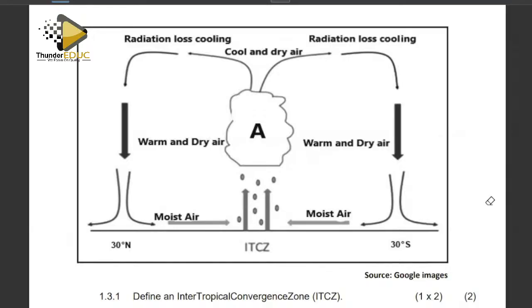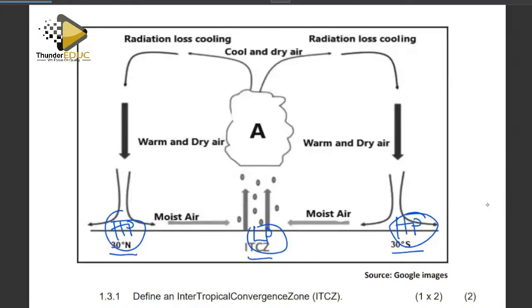Right. I'll illustrate here for the sake of what I want to explain. There's high pressure and there's low pressure. I will start from here and there's high pressure here. There's high pressure on the subtropical pressure belt, 30 south and 30 north.